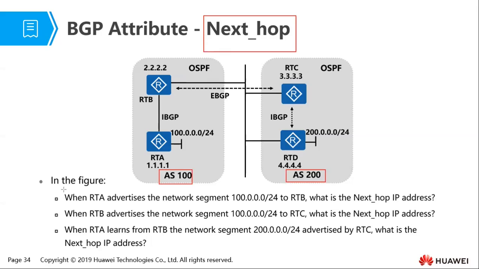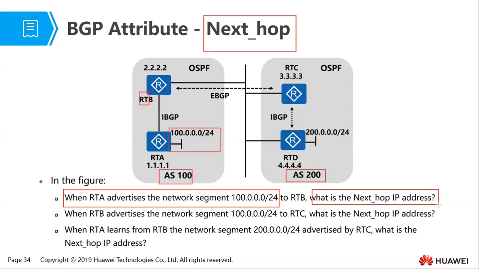So when RTA advertises the network, you can see that RTA has a network connected to it, 100.0.0.0/24. When it advertises it to RTB, what is the next hop IP address?